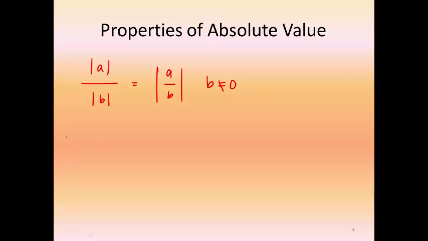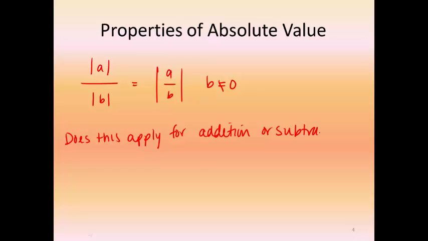Let's consider, does this apply for addition or subtraction? If I have the absolute value of A plus the absolute value of B, does that equal the absolute value of A plus B? I want you to think about it, draw your own conclusion. I'm not actually going to give you the answer because it's part of the practice set.